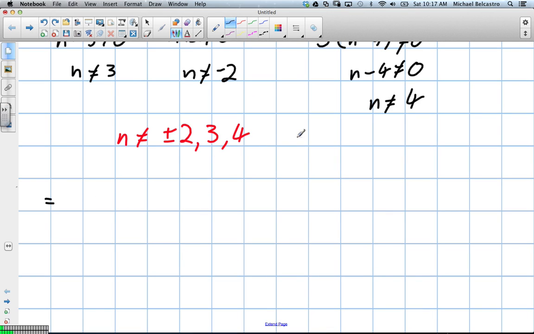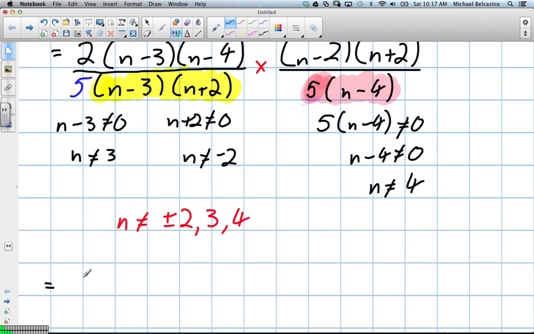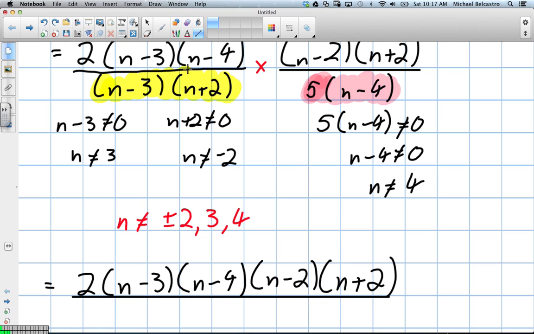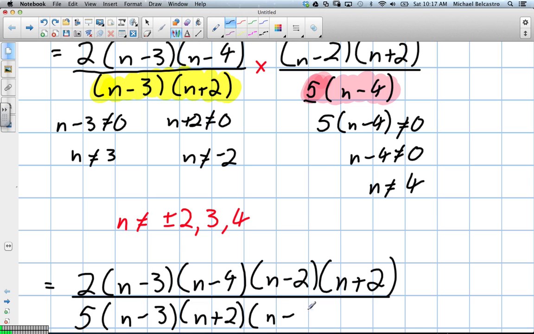So when we do that, we're going to get 2, n minus 3, n minus 4, n minus 2, n plus 2, whole lot of multiplying across the top here, divided by, I'm going to move the constant to the front, which is our 5, just so the constants are both at the front, and then n minus 3, n plus 2, and n minus 4.